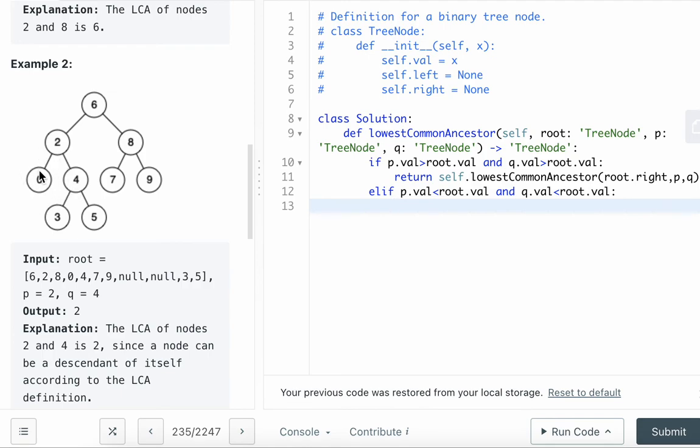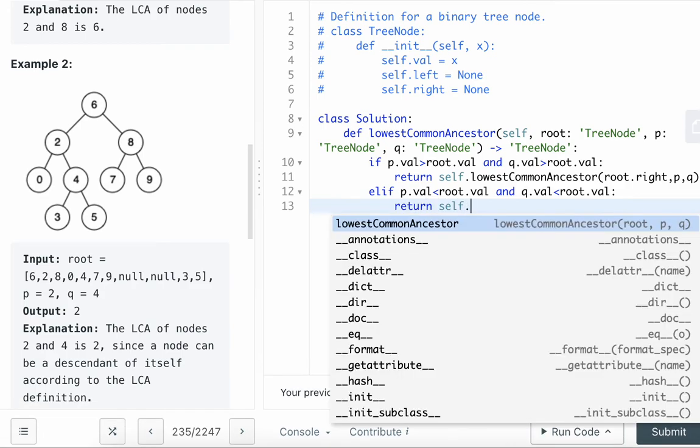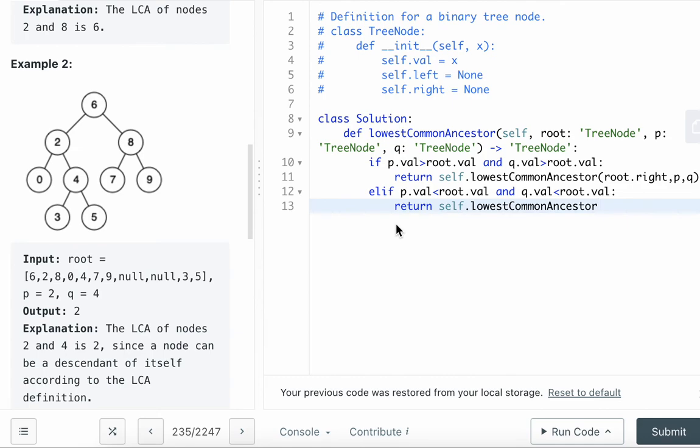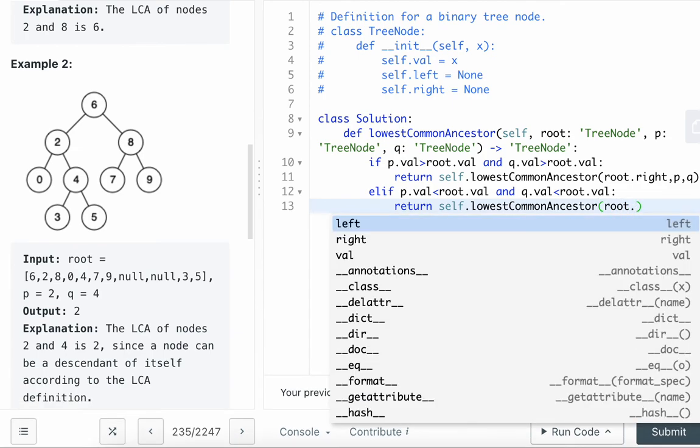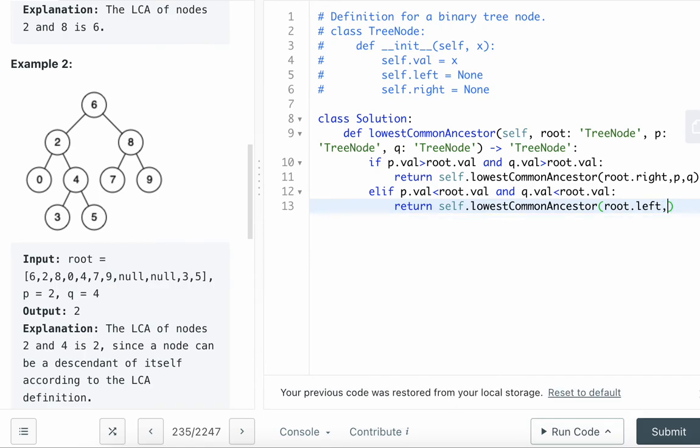If both p and q are on the left side of the tree, I'm going to return the call to the same function, lowestCommonAncestor, and pass root.left, and p is still p and q is still q. I'm going to call this function on the left side until it finds the lowest common ancestor.